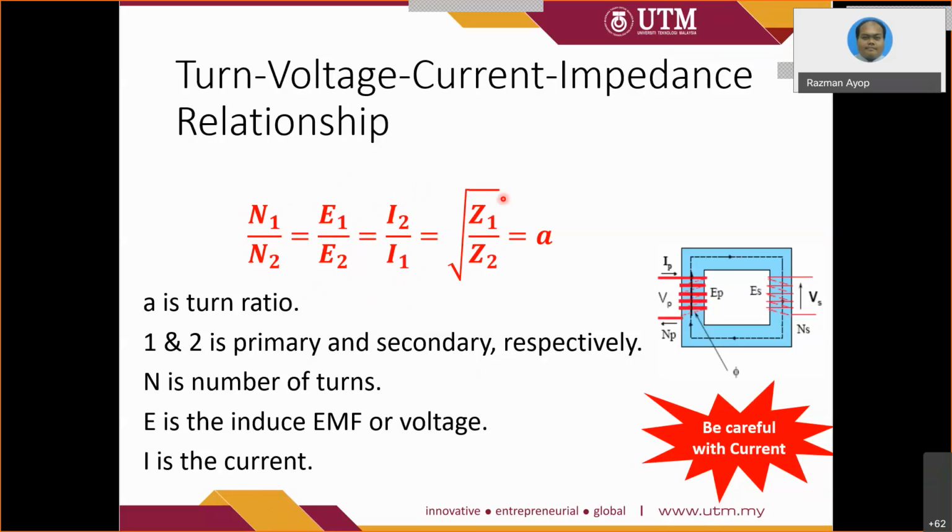For Z impedance, it's still 1 divided by 2, but you have to put the square root, and it equals A. A is actually the turn ratio. Sometimes it is easier to use the turn ratio. So the turn ratio is N1 divided by N2, or E1 divided by E2, or I2 divided by I1. Make sure you know this one.